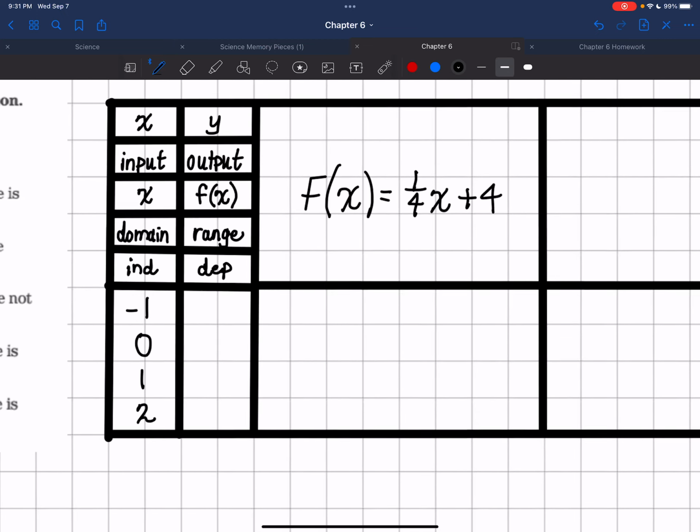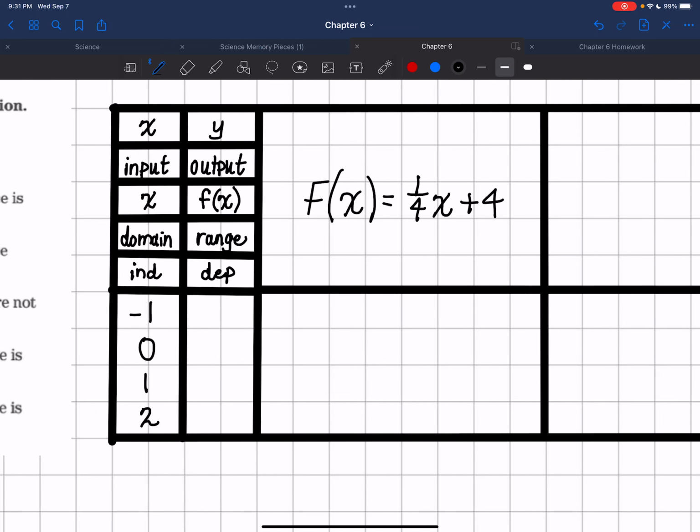So I'm going to zoom in right here and let's do some math. So we're going to say when x is -1, I will have 1/4 times -1 plus 4. And that will equal -0.25 plus 4.